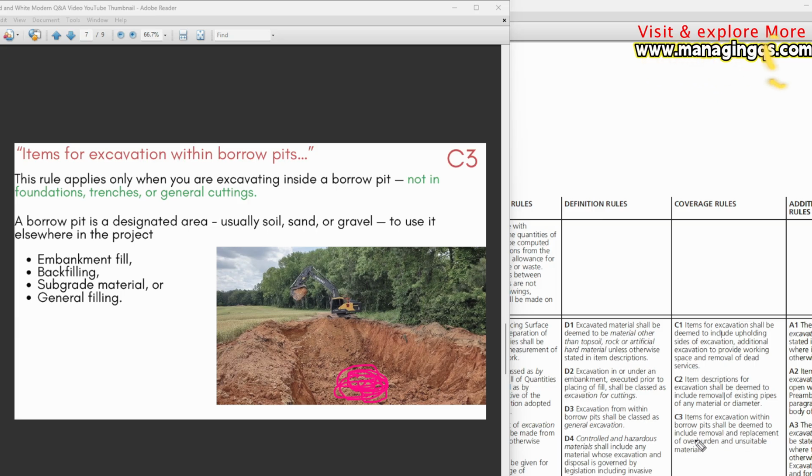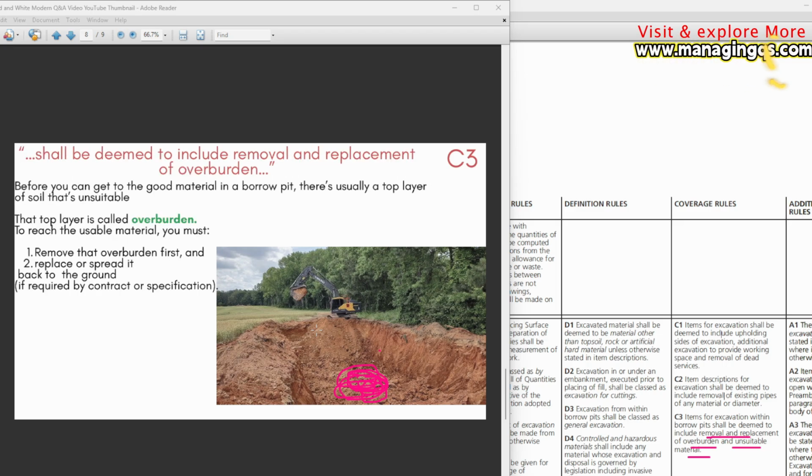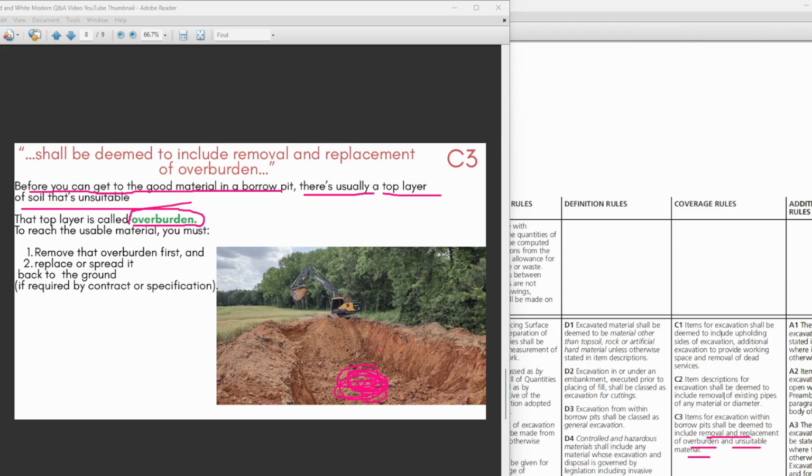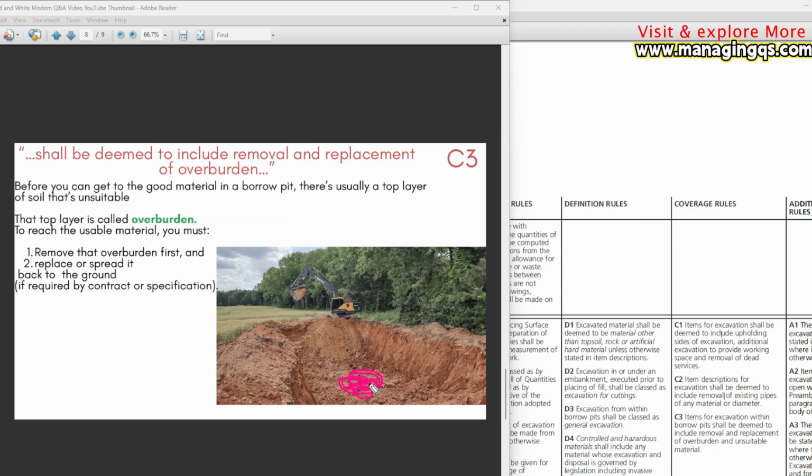So you can see here it's included. Borrow pit excavation shall be deemed to include removal and replacement of overburden and unsuitable soil. There's a special term called overburden. Overburden, we can simply say, is what lies before you can get the good material in the borrow pit. Usually there is a top layer of soil. For example, we have to excavate 1 meter, and only after 1 meter can we get good earth material for our construction purposes.